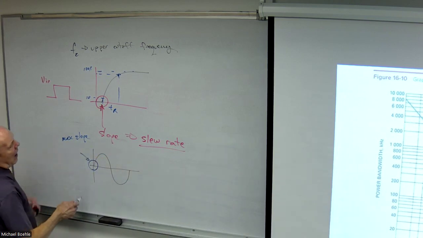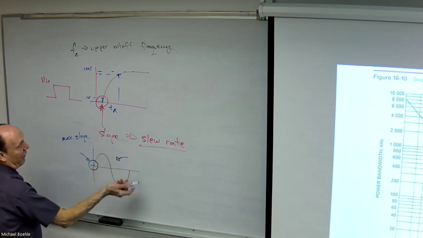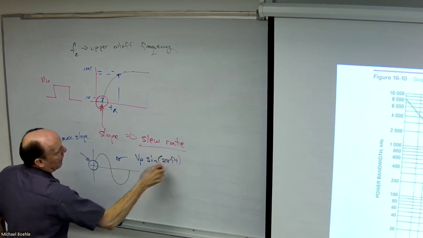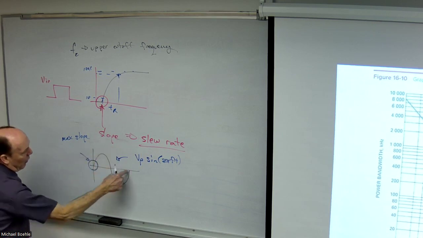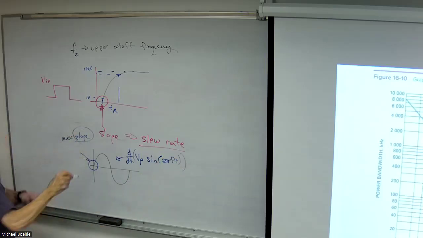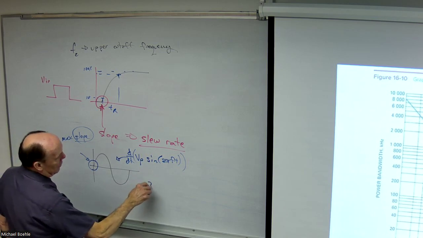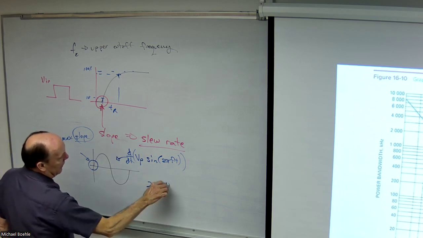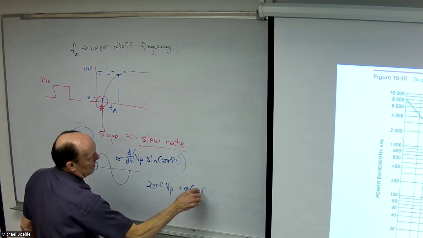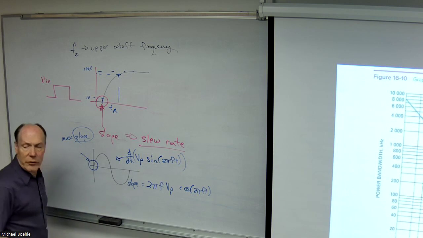The slope of this line is basically going to be the derivative of the sinusoidal function, which is the peak voltage times the sine of 2 pi frequency times time. That's this waveform. So if I take the derivative of this with respect to time, that gives me the slope. And when you do that, you basically get 2 pi frequency times the peak voltage times the cosine function. Chain rule, all that.